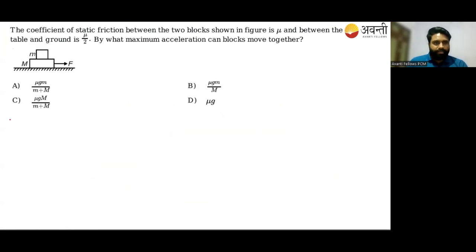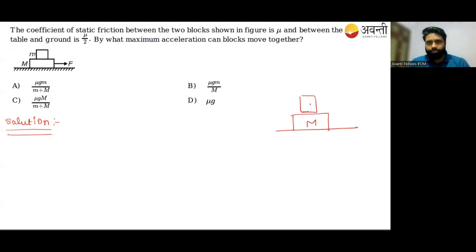Similar question, and I hope most students found trouble in this type of question, when one block is placed on the other. In this situation, a block of mass capital M is given to you, and on it a block of mass small m.